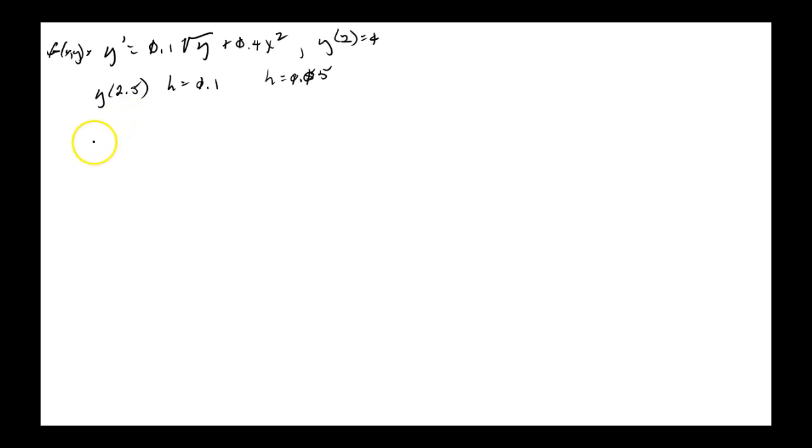So, Euler's method says y sub n plus 1 is equal to y sub n plus h times f of x n, y n.